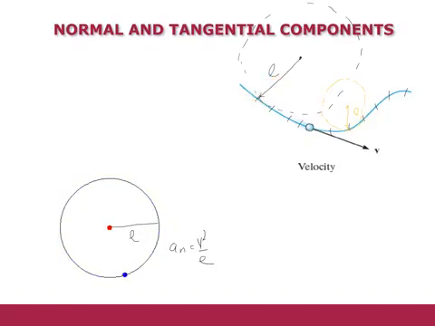If the function of this curve is given to you, then you can easily calculate the radius of curvature at any point on this curve by using the relation rho is equal to (1 plus (dy by dx) square) to the power three-halves, divided by d square y by dx square, right?